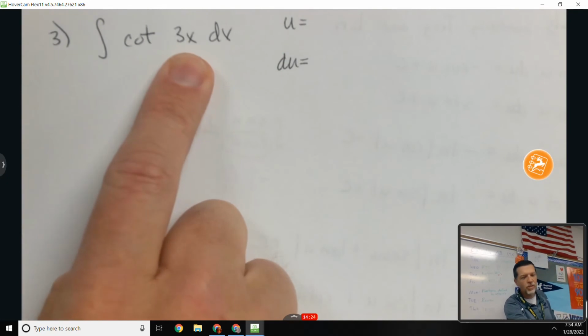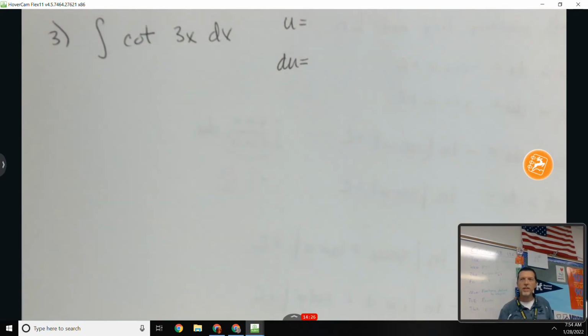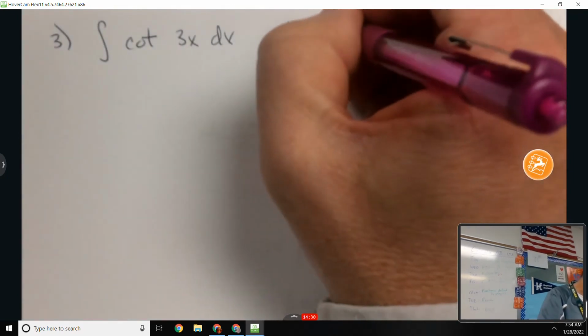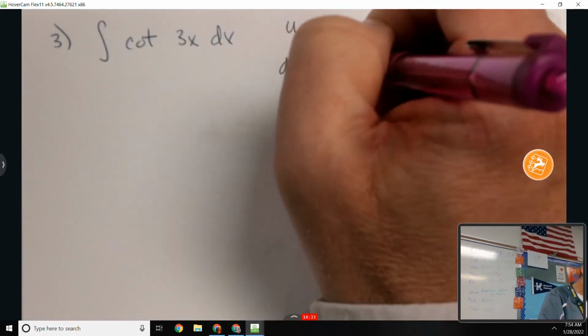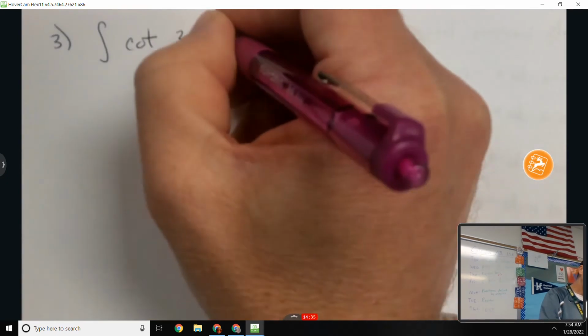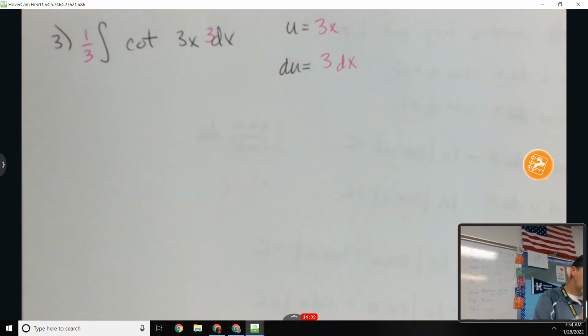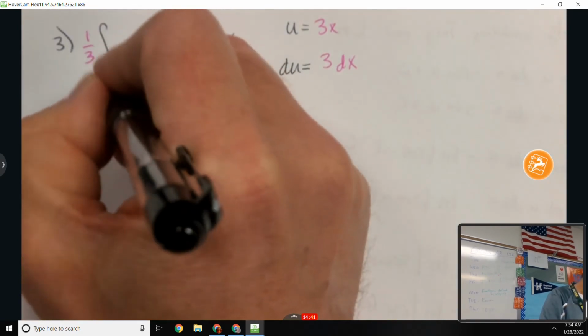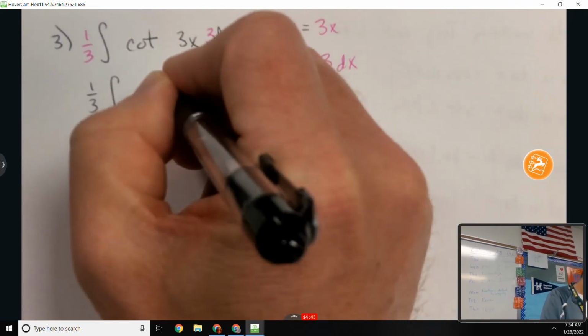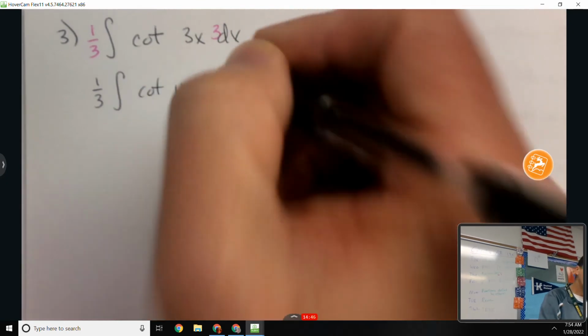How am I going to handle the 3x? We can let u be 3x. du is 3 dx. So this is just fixing a constant. We can handle that. So 1/3 integral cotangent of u du.